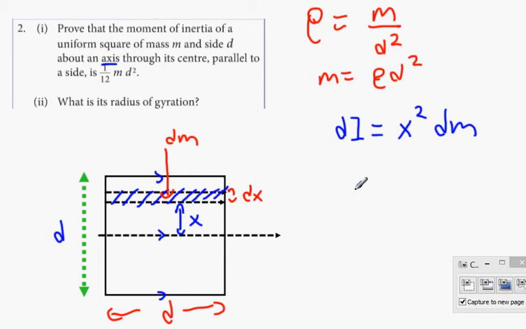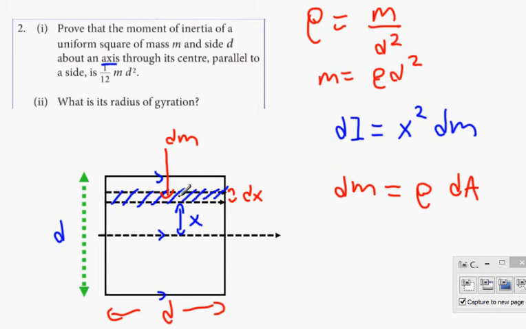Now next thing is we're going to figure out what to do with dm, which is the size of this piece of area here. It's equal to rho, which is the mass per square unit, multiplied by the area. So your mass per unit area multiplied by your area gives you the total mass of that section there.